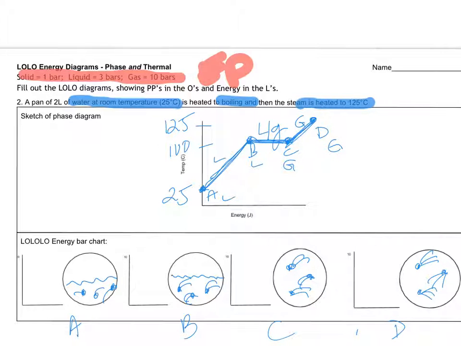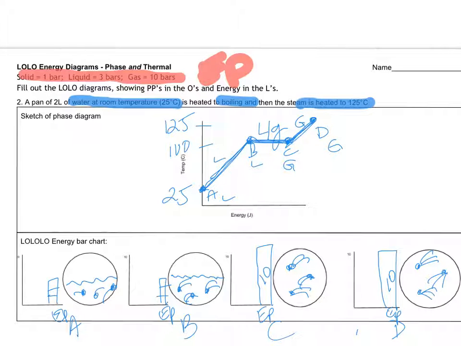Now I can go back and do my phase energies. For my phase energy, remember, we're going to use 1 for solid, 3 for liquid, and 10 for gas. So here I have a liquid, so I'm going to do 3 for liquid. I still have a liquid, that's 3. I have a gas, so that's 10. And I have a gas, so that's 10.